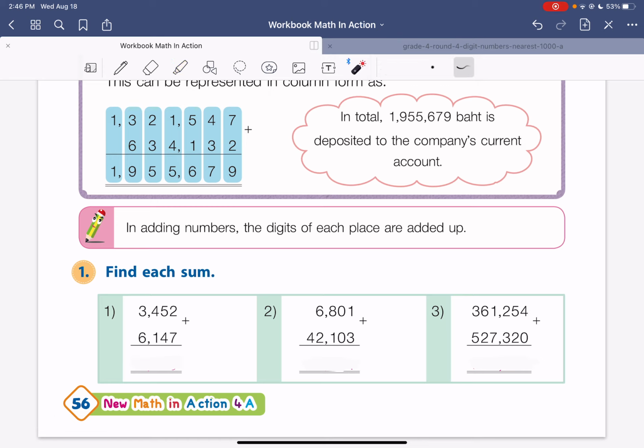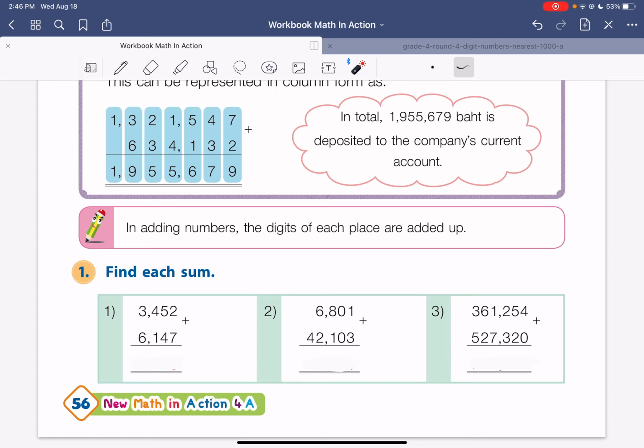So here we have 1,321,547 and 634,132. 7 plus 2, 9. 4 plus 3, 7. 5 plus 1, 6. 1 plus 4 equals 5. 2 plus 3, 5. 3 plus 6, 9. 1 plus 0, 1.